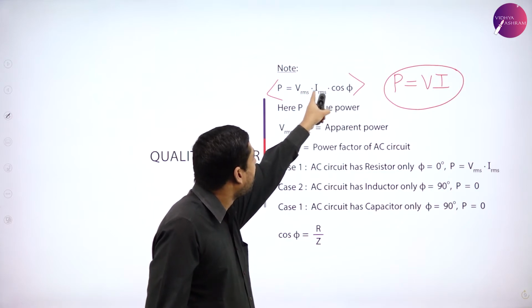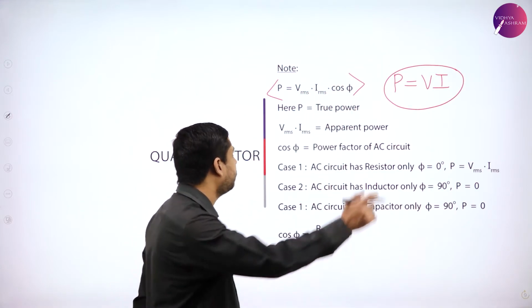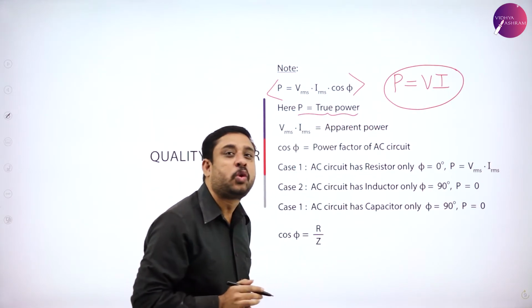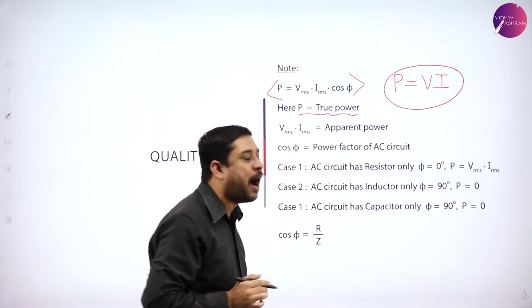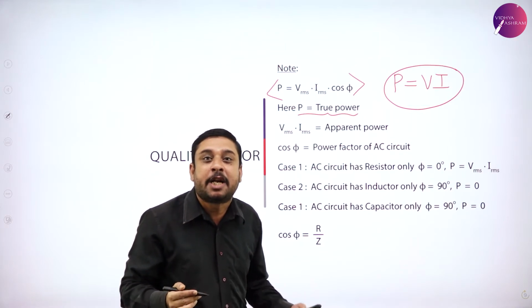So please remember, power of a series LCR circuit P equals VRMS into IRMS into cos phi, where P is called the true power or actual power of the circuit. It is the actual measured power.